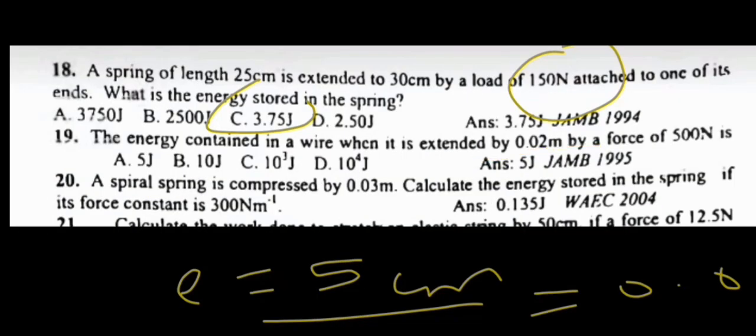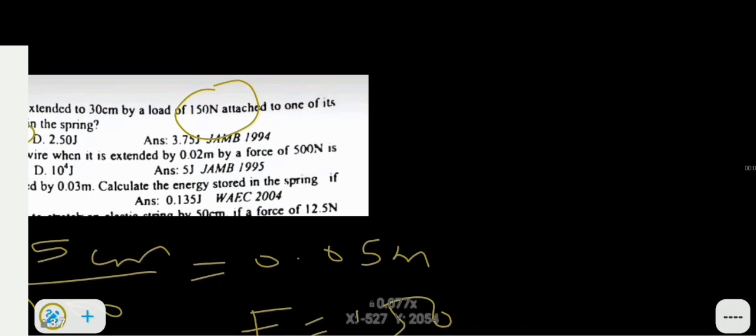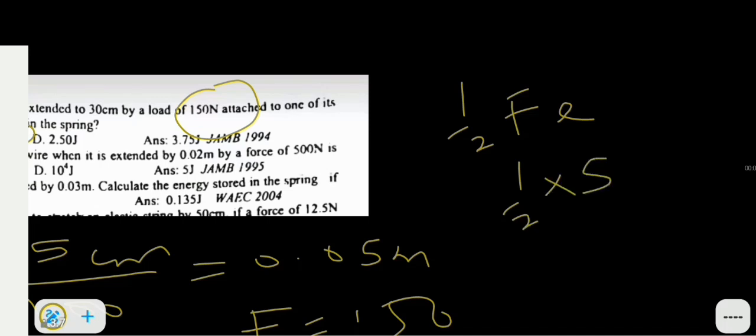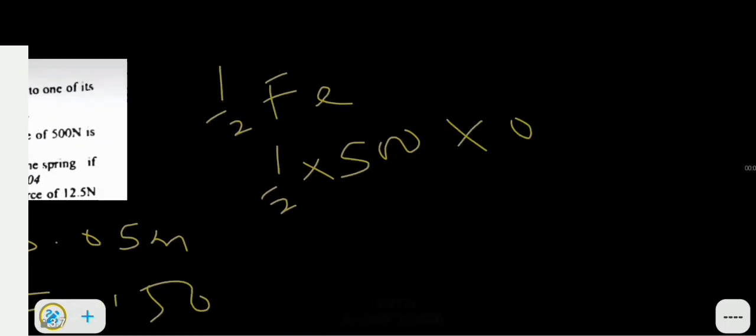For number 19, we are told the energy stored in a wire when it is extended by 0.02 meters by a force of 500 Newton is. So the extension is 0.02 and the force is 500 Newton. Just plug it into half Fe. You have half times 500 times 0.02.